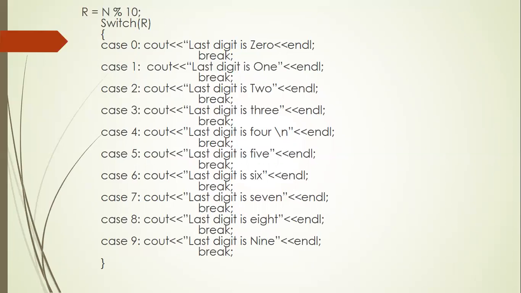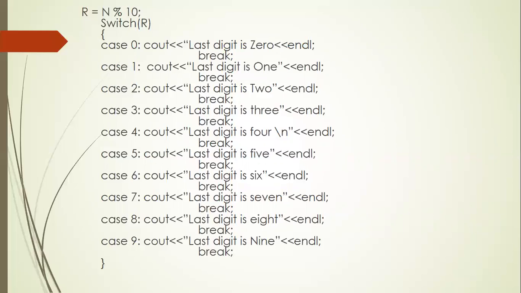Now switch based on the value of r. The r value is compared first with 0. In the example I have given, 1234, the r value will be 4. So case 0 is false, case 1 is false, case 2 does not match, case 3 does not match. So the r value is equal to 4, and in that case the corresponding block, 'Last digit is 4', is executed, and the break statement terminates the switch statement.